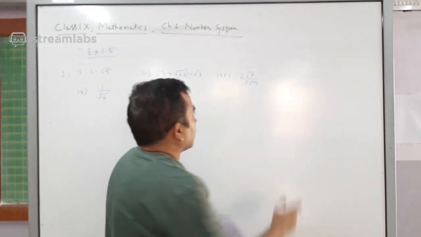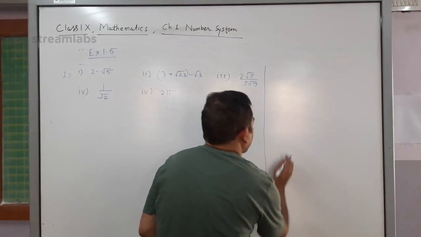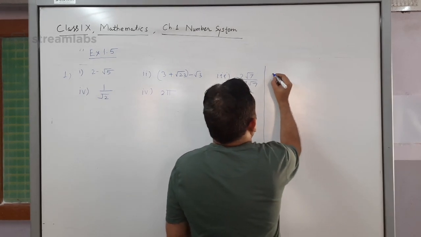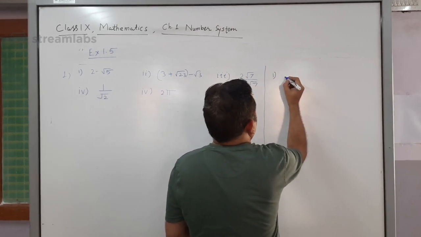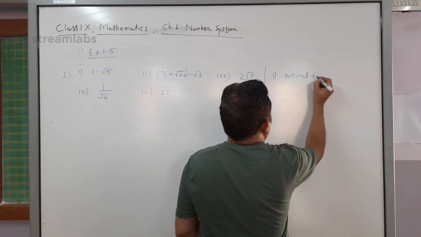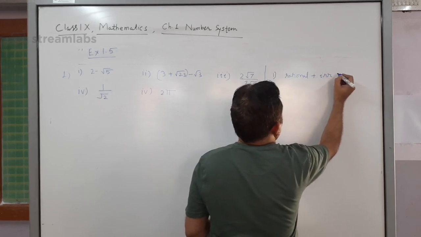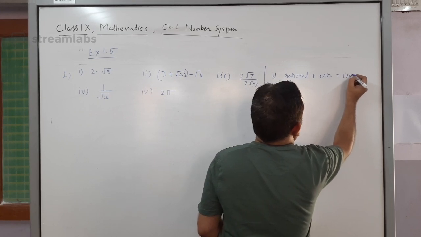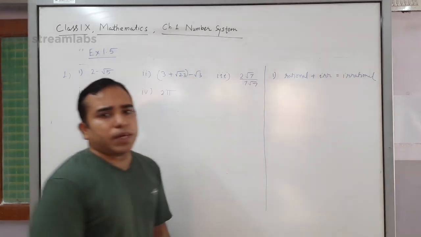Some theorem is there, that first theorem, that rational plus irrational is equal to irrational, right?